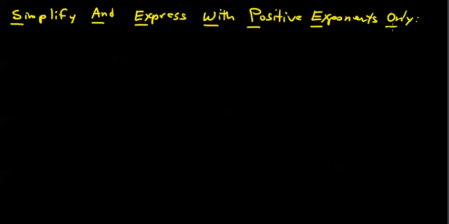So this instruction, simplify and express with positive exponents only, I'm going to abbreviate with this acronym, SAEWPEO. Simplify and express with positive exponents only. Key phrase here is positive exponents only. All your answers should contain positive exponents only in their final return.